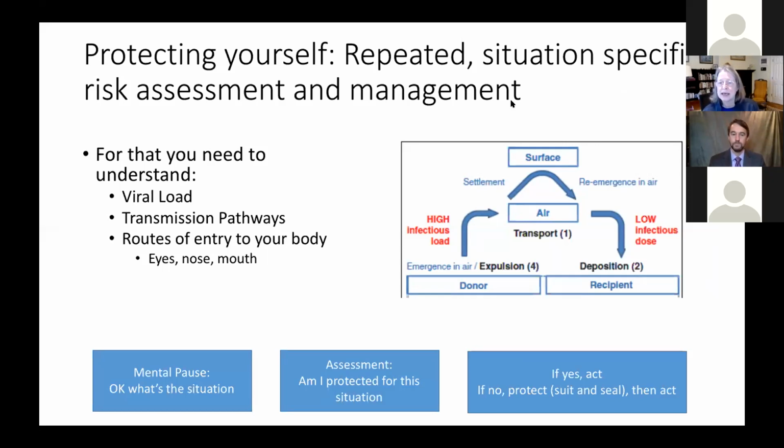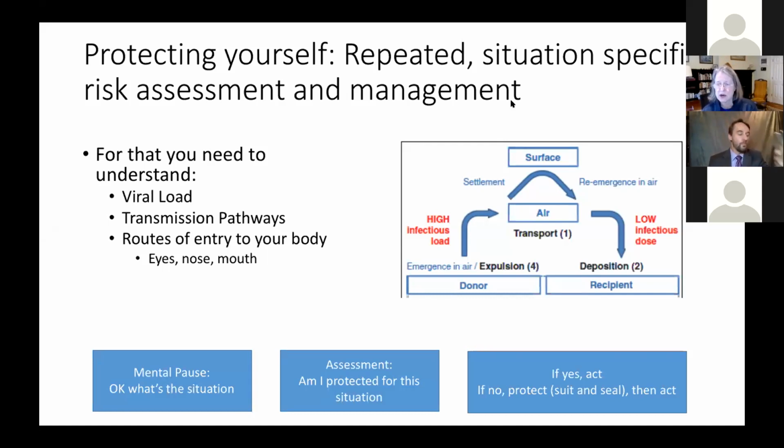And so here in this cartoon, the patient is the person with the high infectious load. If you are intubating, helping with the ventilator right up at the patient's face, here you are. If you are further elsewhere in the room, there might be a lower infectious dose. But when you're entering a clinical situation, you do the mental pause.